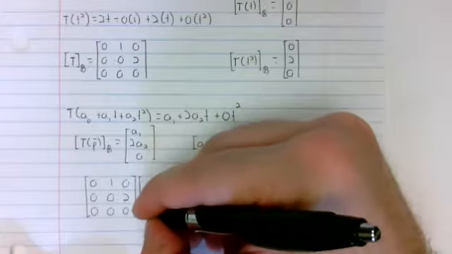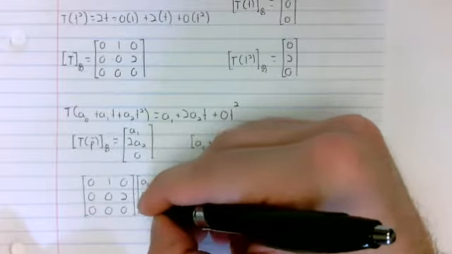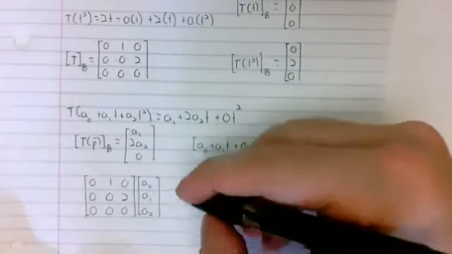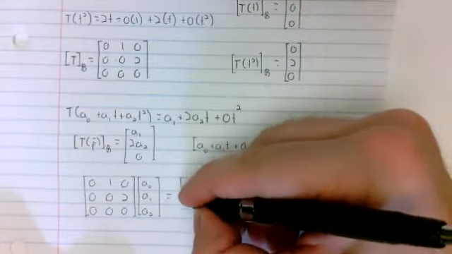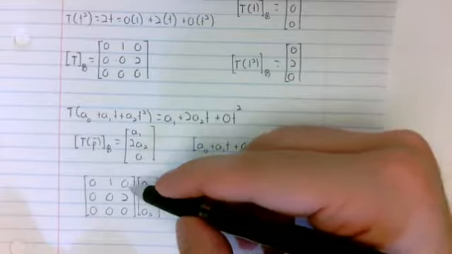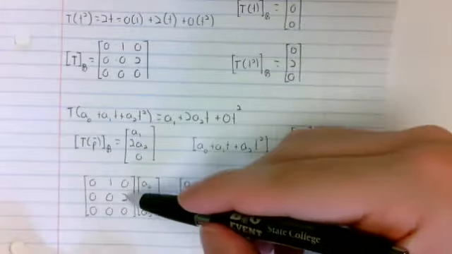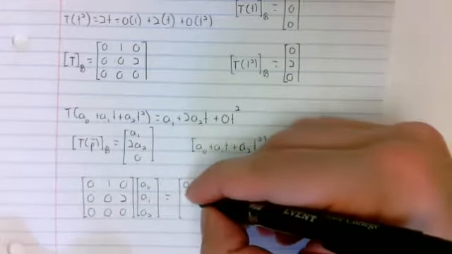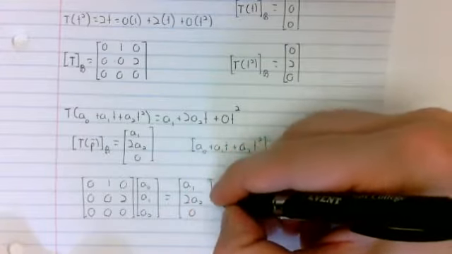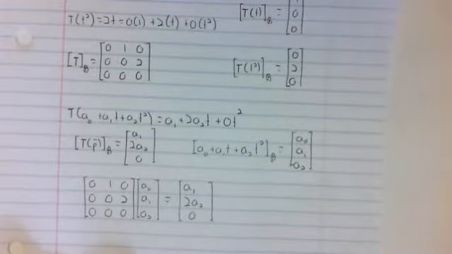So our matrix times our vector, 0, a sub 0, 1, a sub 1, 0, a sub 2. That is a sub 1, 2 a sub 2, 0. So that's right.